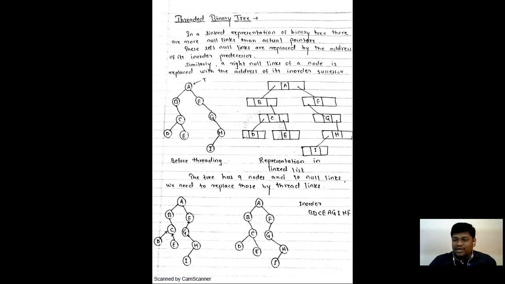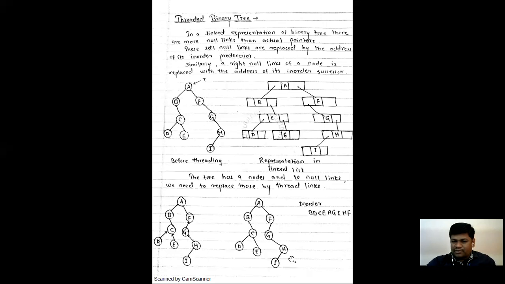Again, in the threaded binary tree, this is the problem. Now for D, you have a predecessor and a successor. For E also. So for E, who is the predecessor? C. And who is the successor? A. For G also, who is the predecessor here?